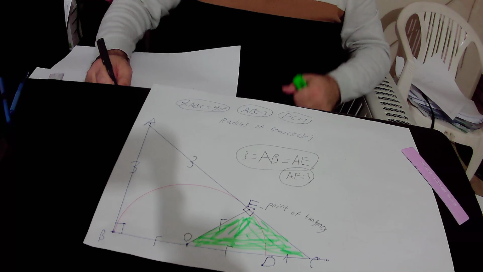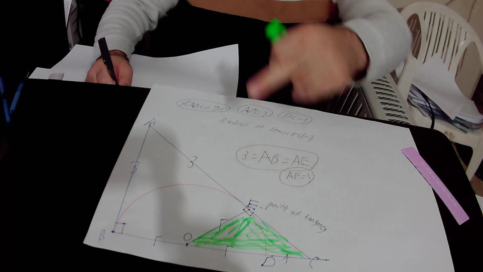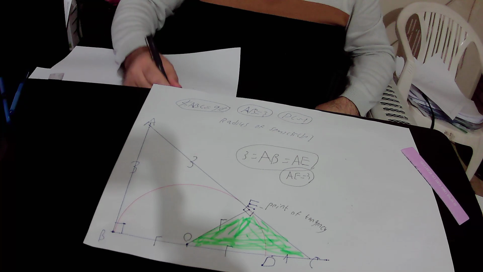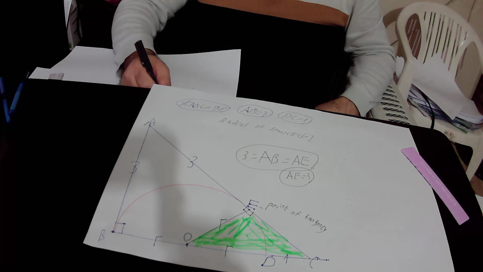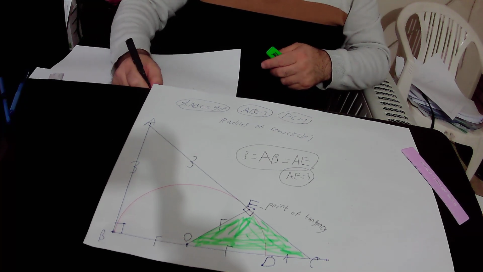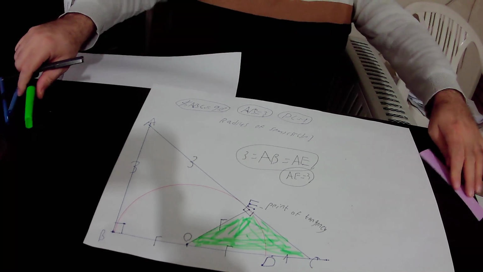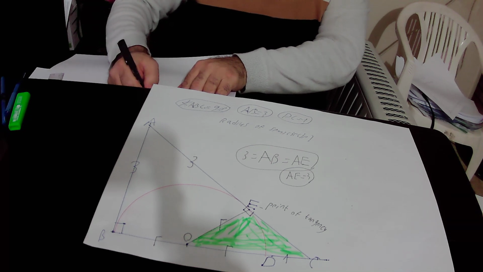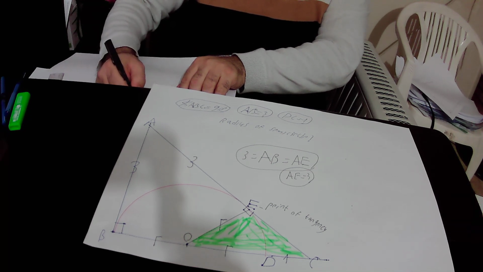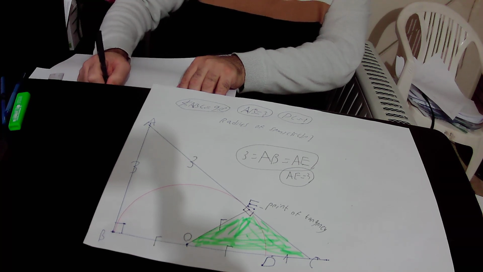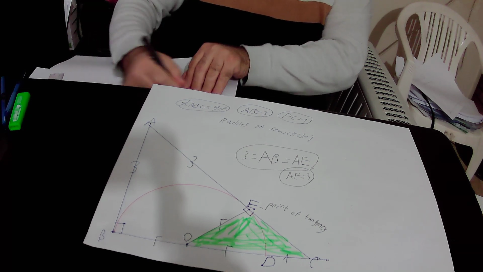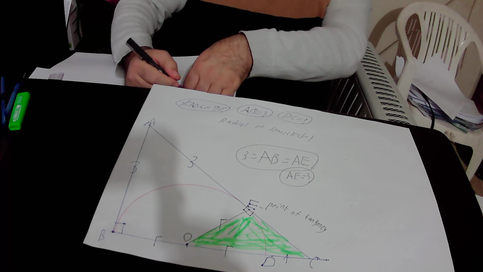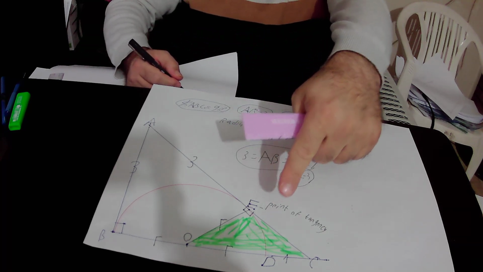So on the right green triangle, triangle OEC, according to the Pythagoras theorem, the square of the hypotenuse equals the sum of the squares of the perpendiculars.